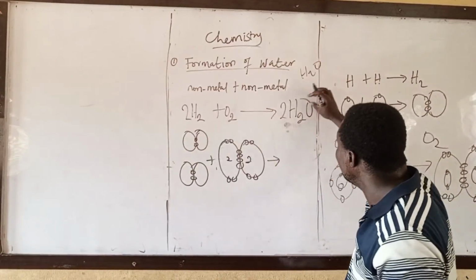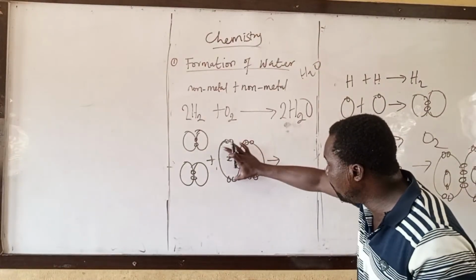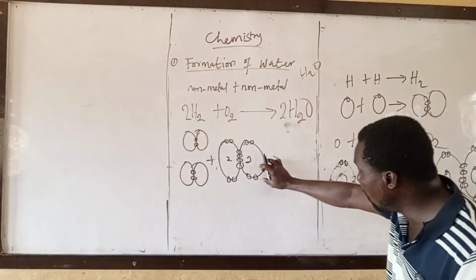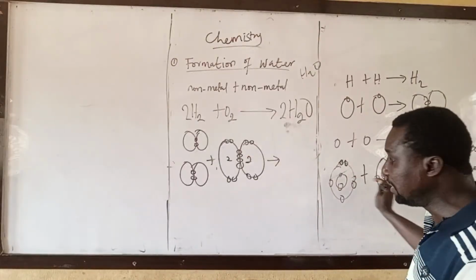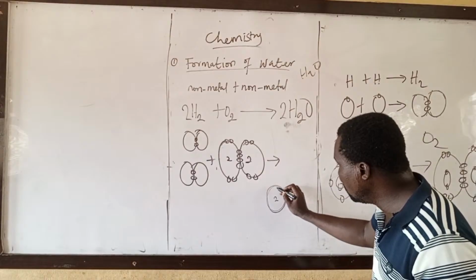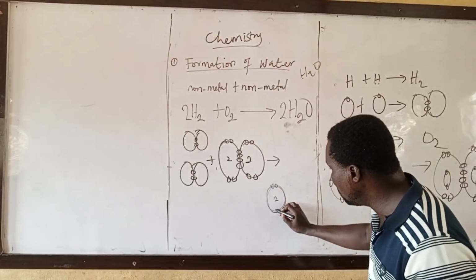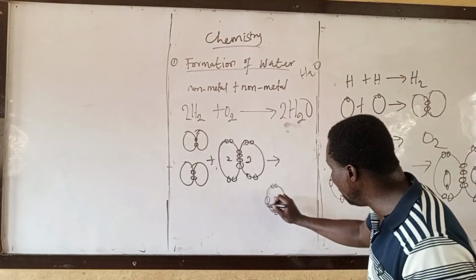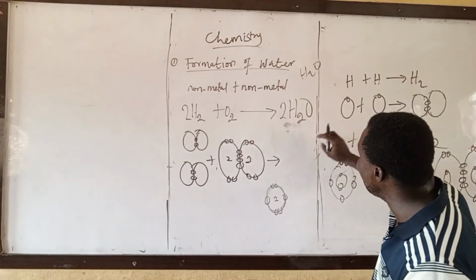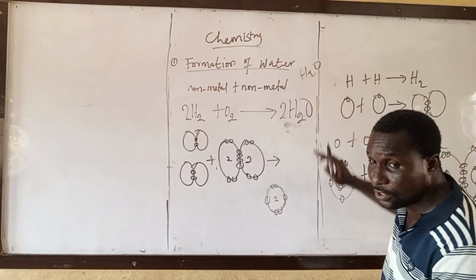That means now this oxygen, they separate. If they separate, they form back this. Then how many hydrogen are attached to it? 2.